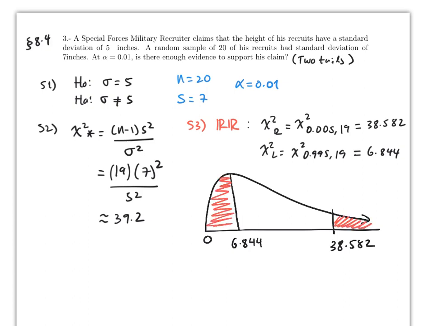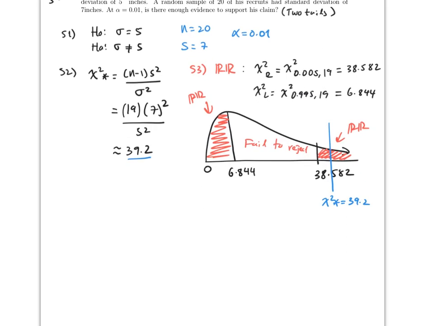If it is in any of these two areas, you have to reject it. If it is in the white area, this one will be fail to reject. Okay, so now chi-square star is in the rejection region, barely, but it's there. So chi-square star is 39.2. It's in the rejection region.